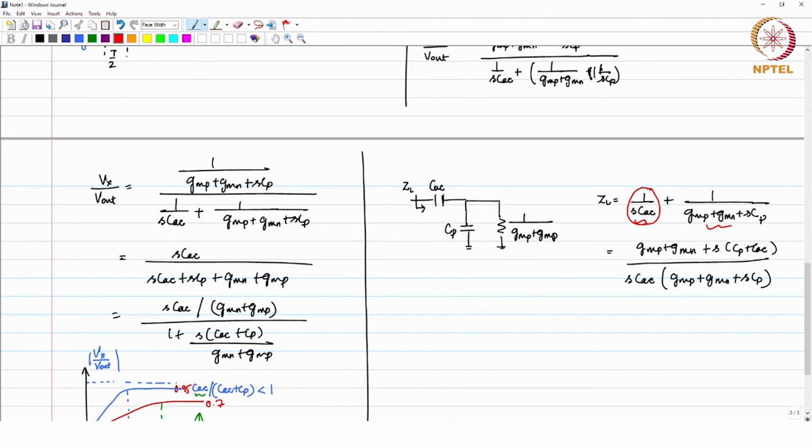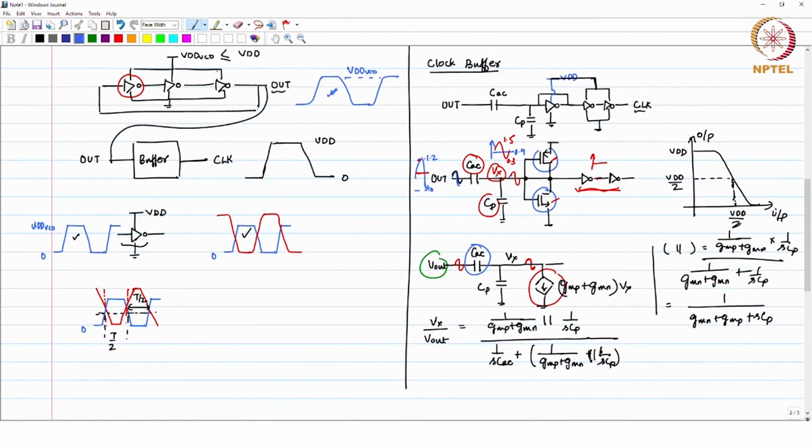If this impedance becomes negligible, this impedance dominates. In this combination, it is like the capacitors are added up in series. So, if CAC is quite large, this impedance is going to be much lower, close to 0, just an example, and this impedance dominates. So, effectively this impedance loads your oscillator here at the output node.